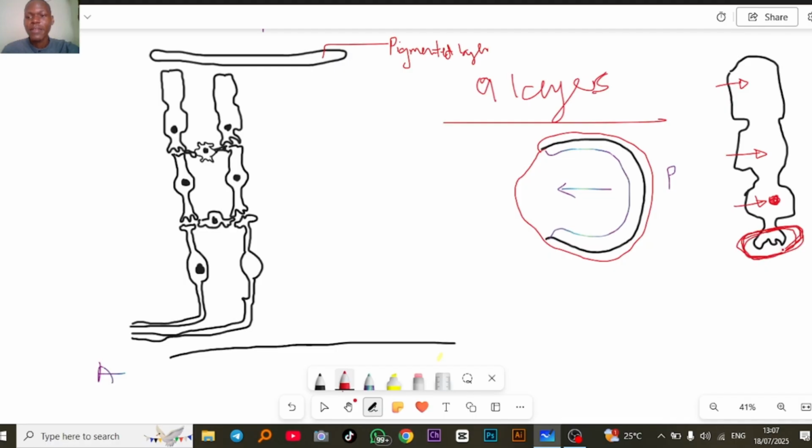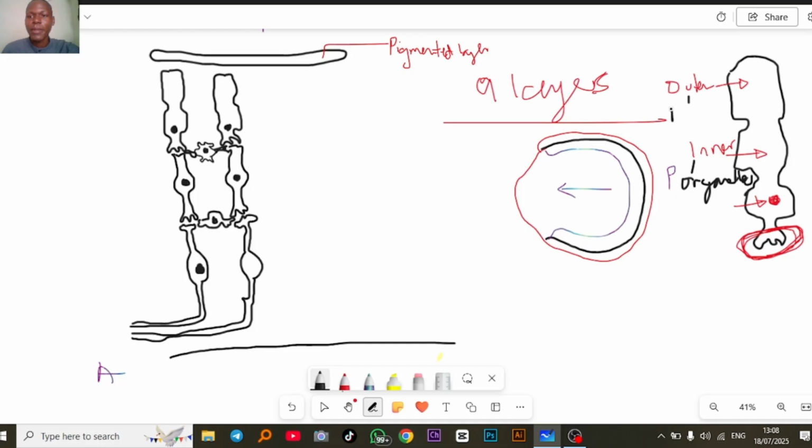The outer segment typically contains just the photopigments. Then we have an inner segment which contains the organelles, especially the mitochondria. You'll find them here. The outer contains the pigments.